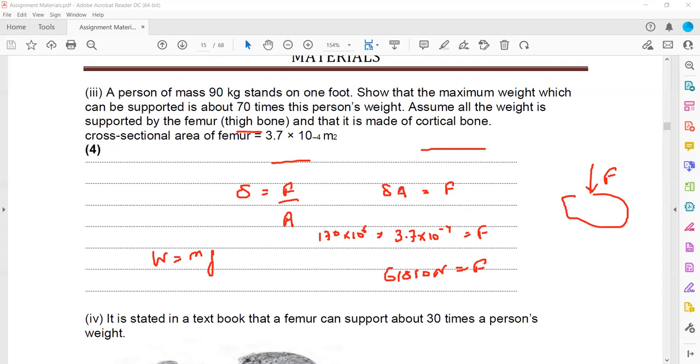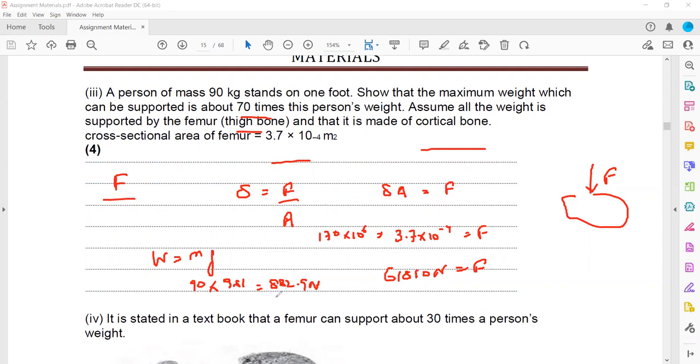So mass of the person is given here, that is 90, multiplied by gravity 9.81. So 90 times 9.81 is 882.9 Newton. Now to get the ratio, force divided by weight, because we want to show that the maximum weight which can be supported is 70 times the weight of the person.